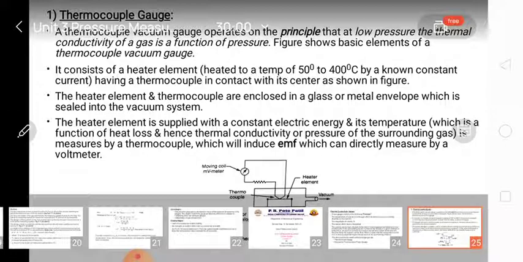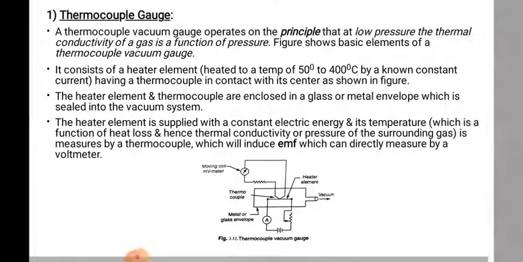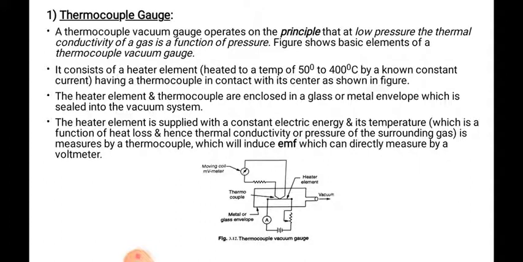So here we can say that whatever reading the voltmeter shows will be an indication of pressure. You may ask how we can find the pressure of an unknown gas from the voltmeter. Initially we pass gas of known pressure and observe the voltmeter reading.